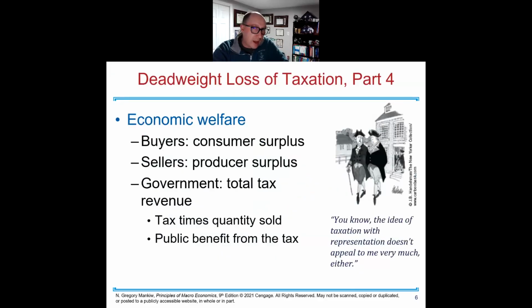So the idea, again, behind taxes is that we pay taxes to the government for the benefit of the society, right? Economic welfare. The buyers and sellers have surpluses, as we talked about last week. And the government gets their revenue from taxes.